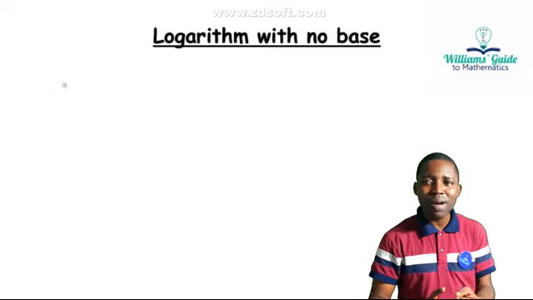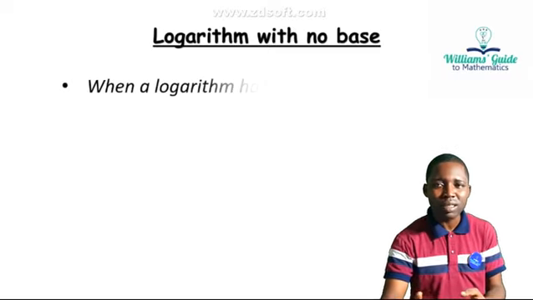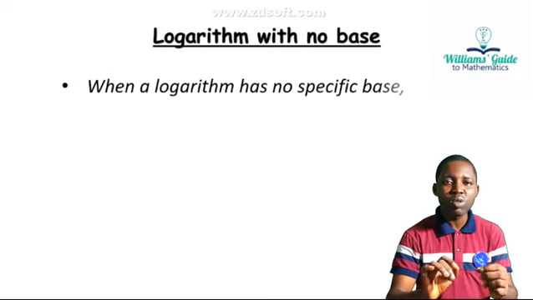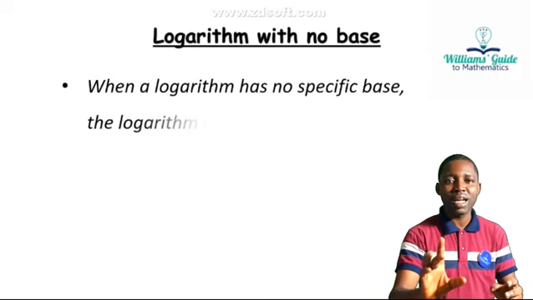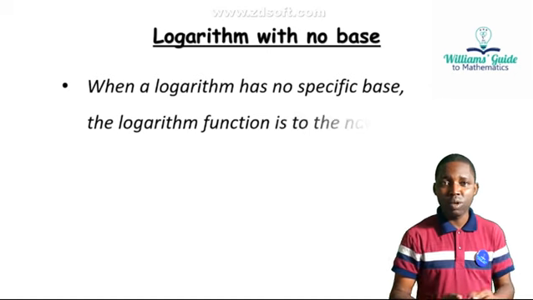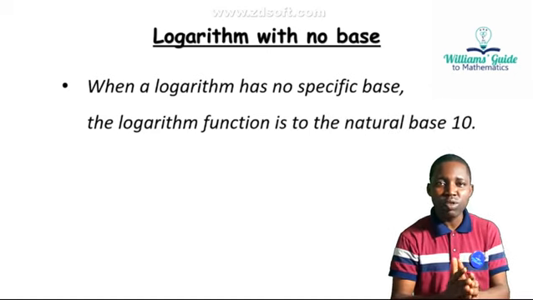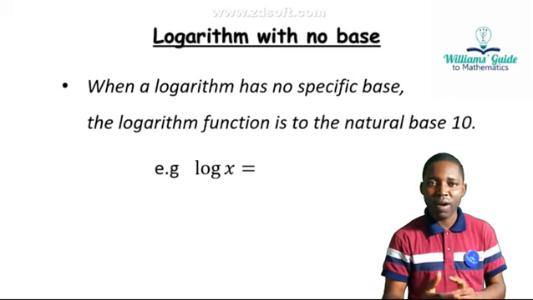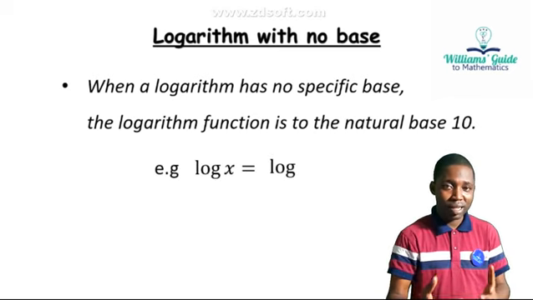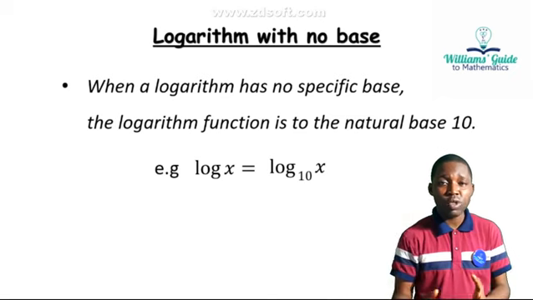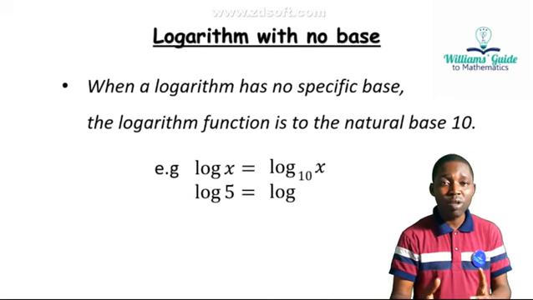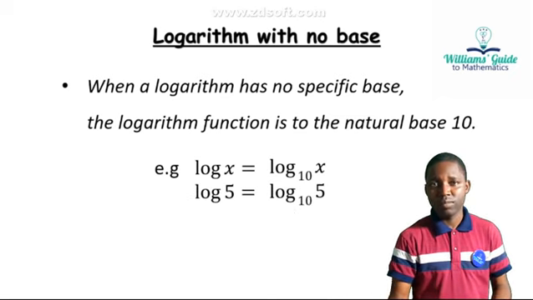When a logarithm has no specific base, the logarithm is to the natural base, that is base 10. So if you have a logarithm problem with no base, consider the base to be 10. If I have log x, that is log x to base 10. If I also have log 5, that is log 5 to base 10.